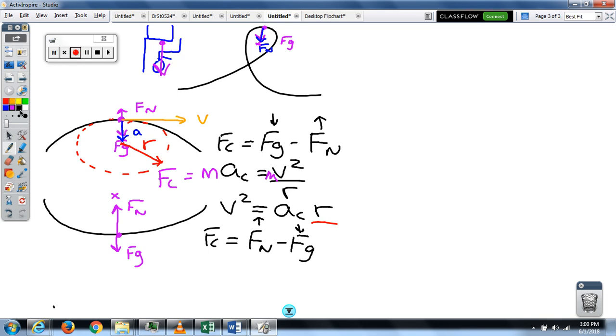So when I write Fc for this situation, Fc equals Fg plus Fn, because they're both pointing towards the center. So they add together. When they're pointing in opposite directions, they subtract, and I always go with the bigger one to ensure that I get a positive number when I do the math. But when they're both pointing in the same direction, you add them together. Alright.